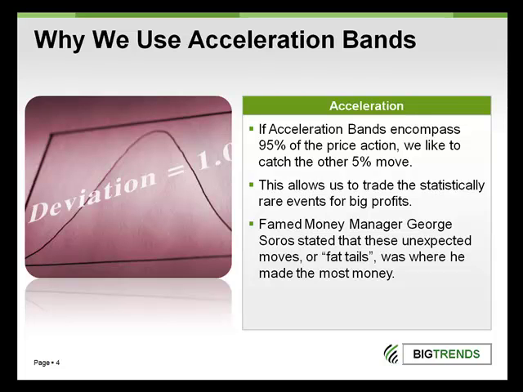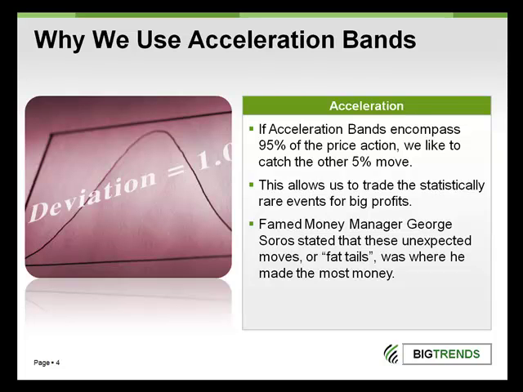This was the 5% of price action. The 5% that isn't accounted for in your traditional patterns or your traditional statistical analysis, right? These are the very rare moves that are the fastest movers, up and down. And obviously this is exactly what acceleration bands is trying to capture and really quantify for us.